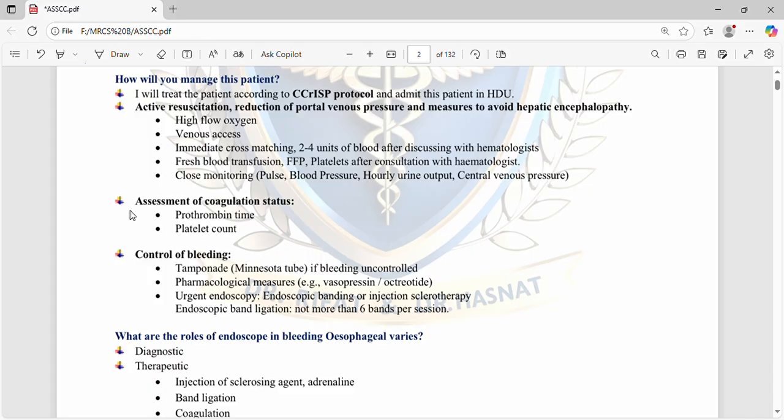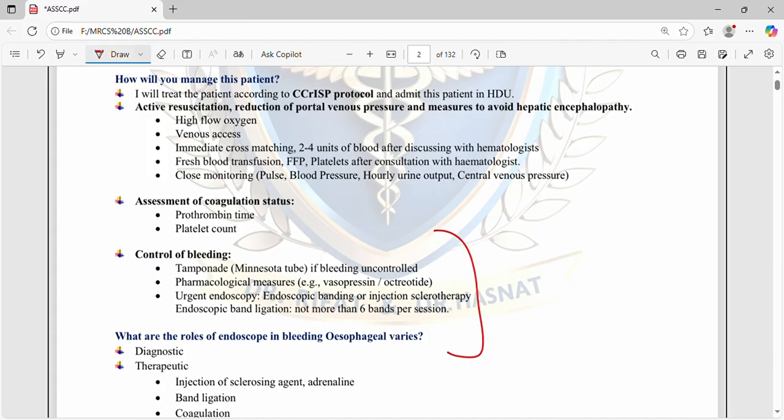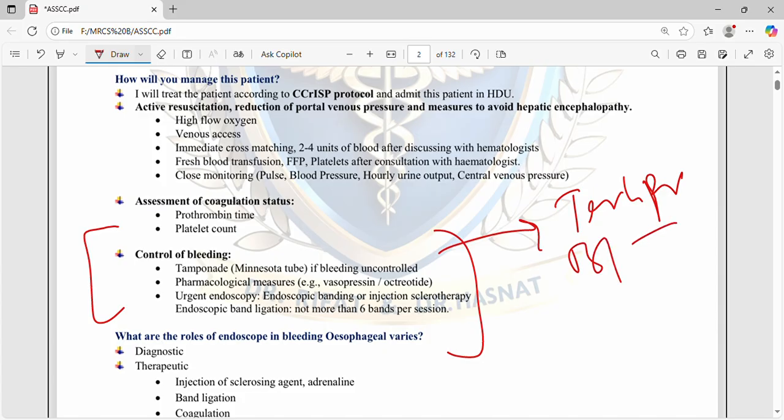For hemorrhage control, first of all I will do correction of PT/INR, then I will go for terlipressin and beta blockers. Yes, I will go for vasopressin or terlipressin, octreotide, and beta blockers, and then I will do urgent endoscopy. The Minnesota tube is a last choice.